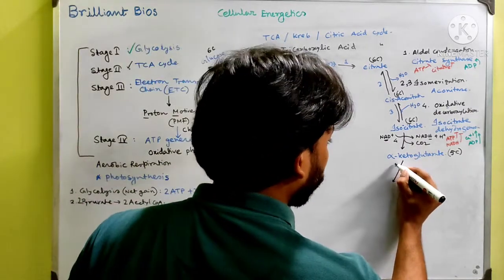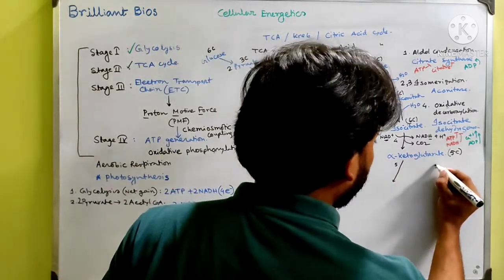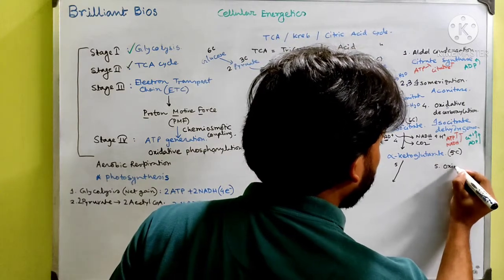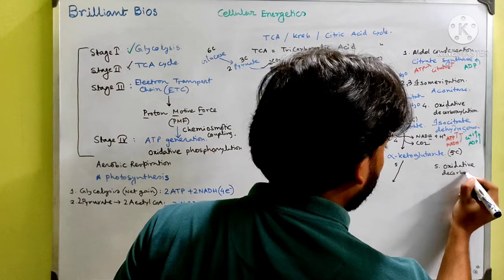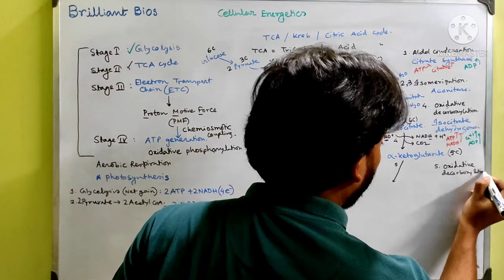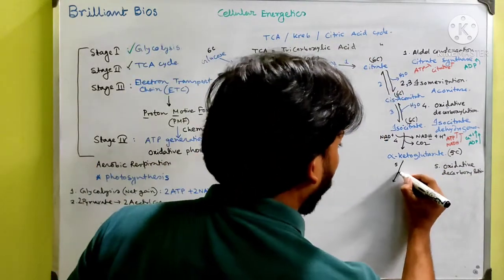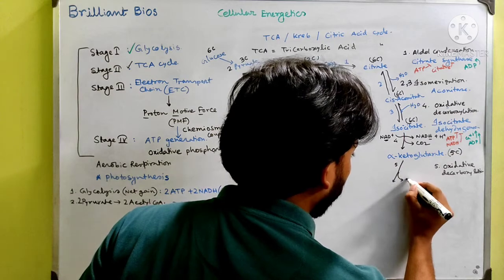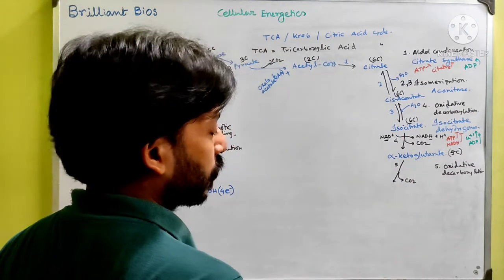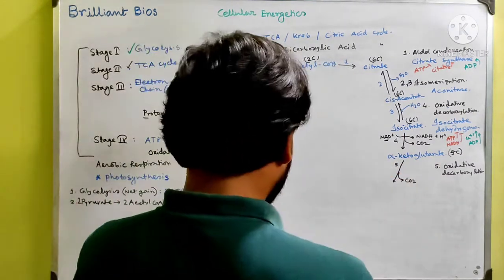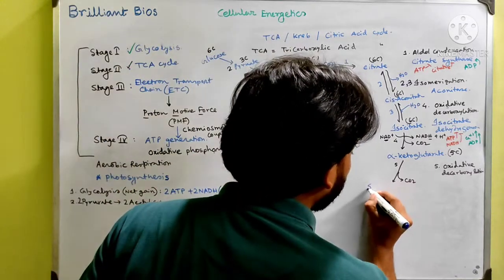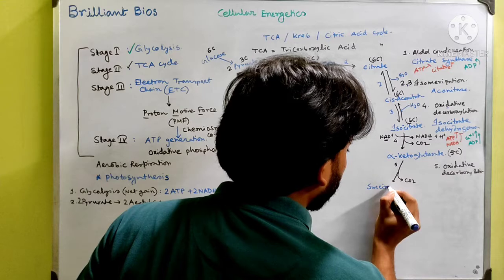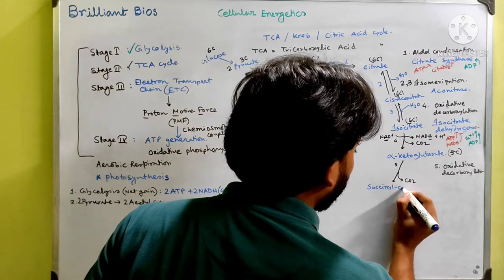This is the fifth step, and the fifth step is also an oxidative decarboxylation step. What does it mean? Decarboxylation means one carbon should be released in the form of carbon dioxide. So the product that is produced here is called succinyl CoA.